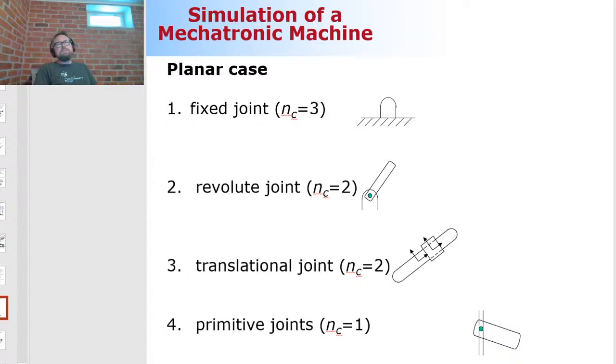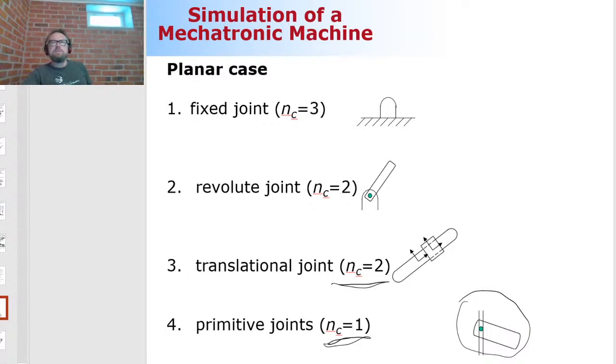If you have a fixed joint, then you have to use three constraint equations. If you're using a revolute joint, you have to have two constraint equations, and the same story for a translational joint. A prismatic joint is eliminating just 1 degree of freedom, so it's only using one constraint equation.